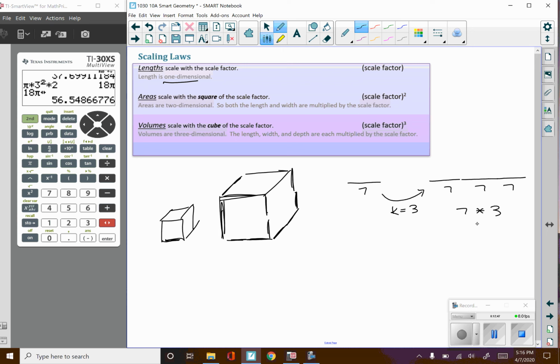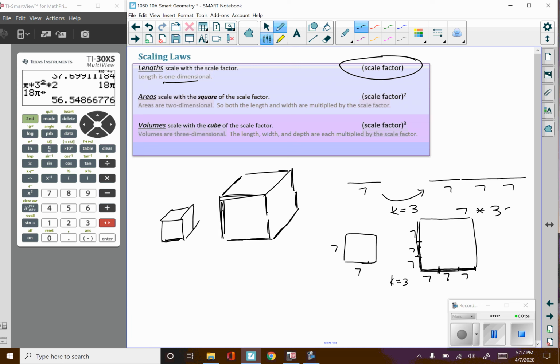All right, so like length, you just use the scale factor. But if you're talking about area, like if I had a two-dimensional square, the area of that square doesn't just get multiplied by scale factor 3. If I make each of the sides 3 times as long, if I make this one 21 and this one 21, the area did not get multiplied by 3.